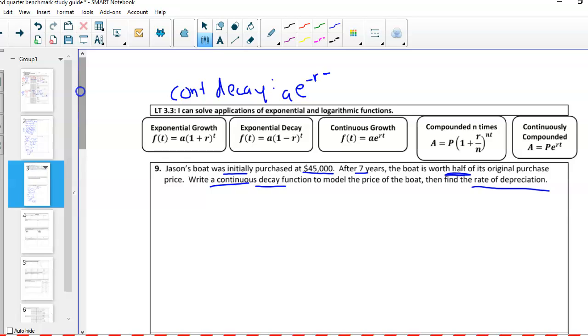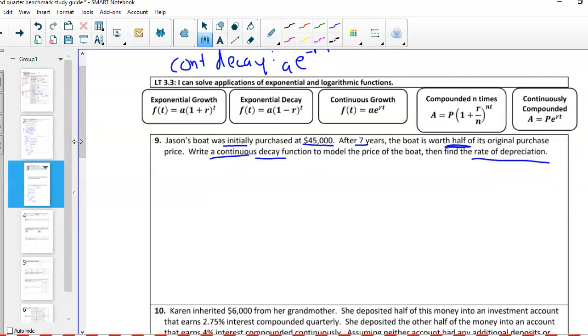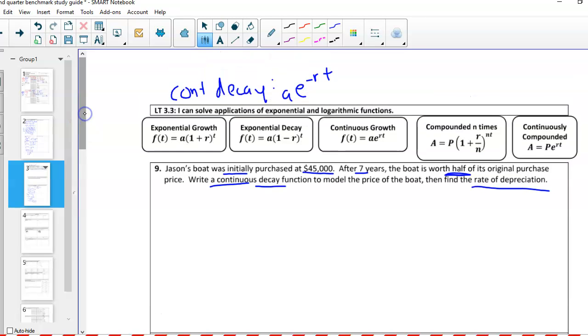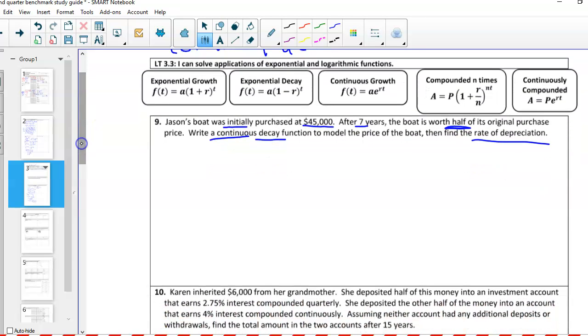But it's negative r. That was one of my notes to add on if you were looking at my notebooks. Negative r. So it's basically the same as this except r is negative. We are looking for the rate.